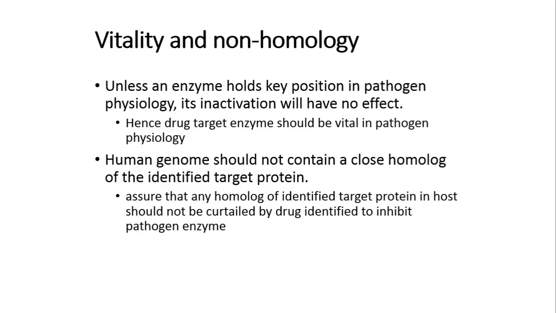That would mean that the enzyme is very vital. And after conducting all these tests, you would have to make sure that the human genome, or you can say the host, should not contain any close homologue to the identified drug target.